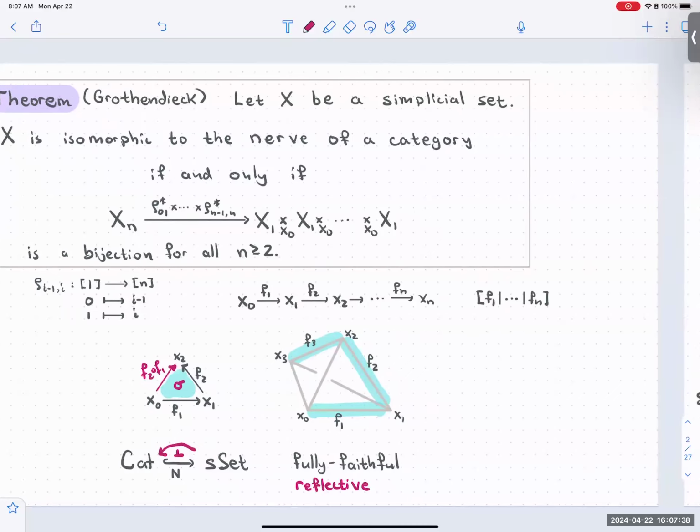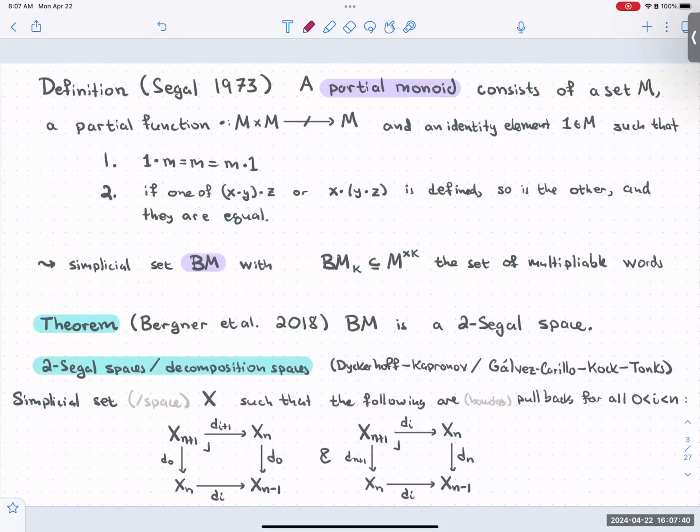So I want to talk about another simplicial set. So this comes from a partial monoid. So we've got partial groups in the title. Partial monoid seems a reasonable thing to have in the title or in the talk. And what is this? So this is a set together with a partially defined multiplication, which I'm going to write as dots, so that it has a unit.